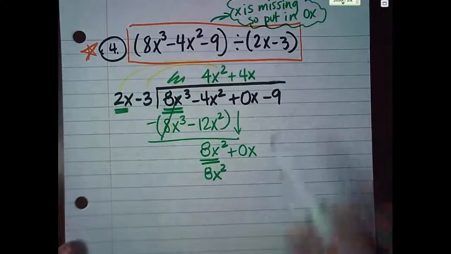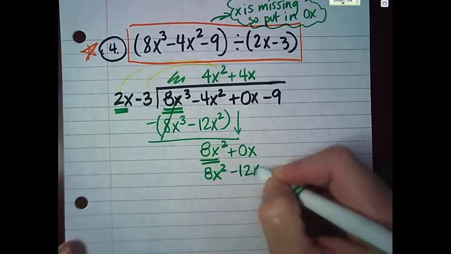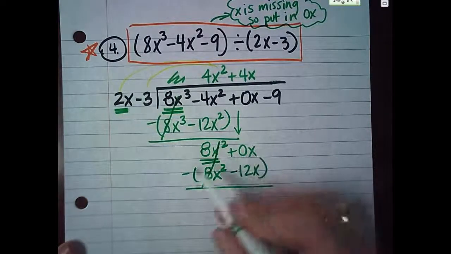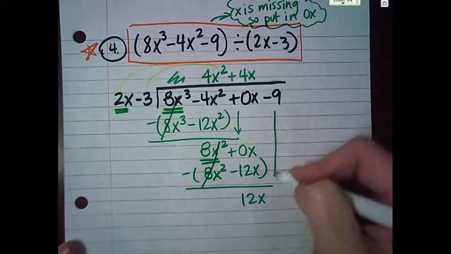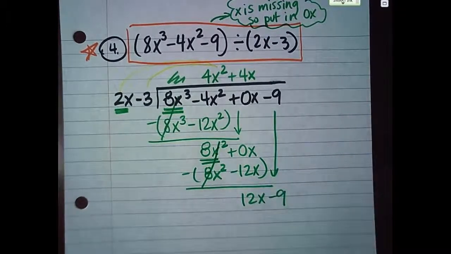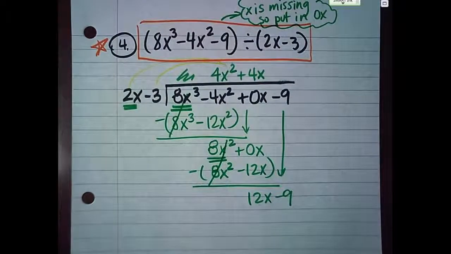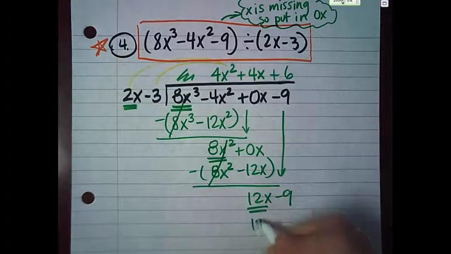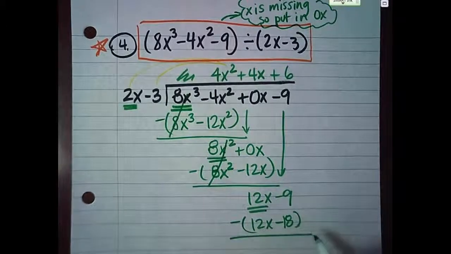Okay? So then you end up here with your negative 12x. You're subtracting. This cancels. 0 minus turns to plus, so 12x. Now bring down your negative 9. Two x into 12x, you need 6. Which gives you 12x minus 18. And you're subtracting.